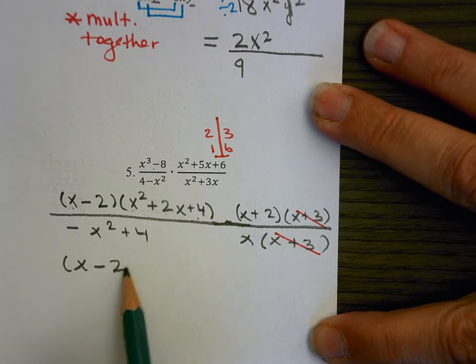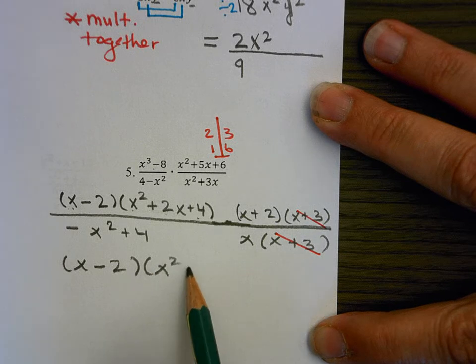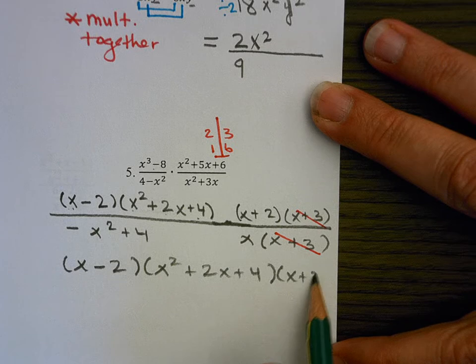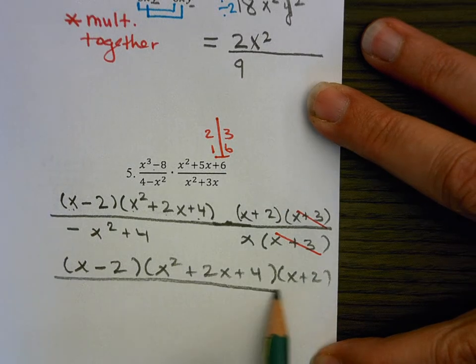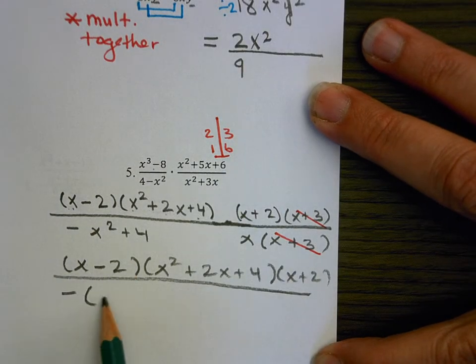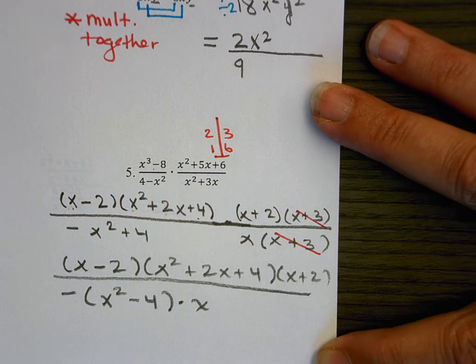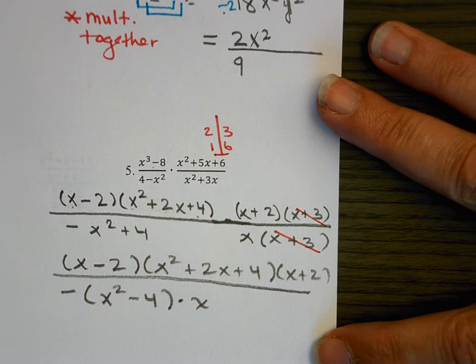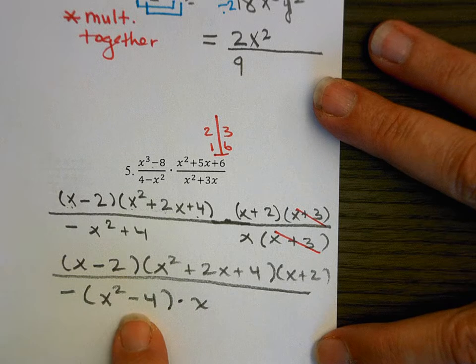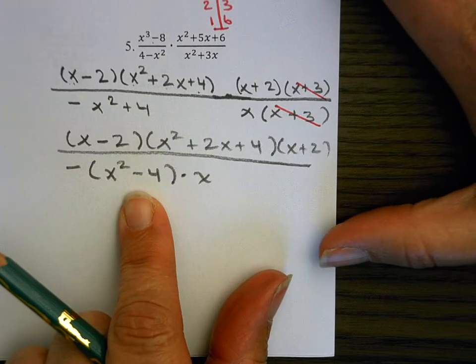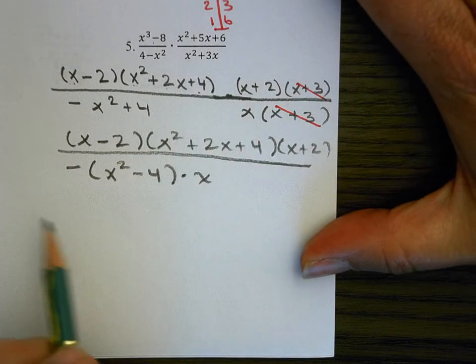So I have x minus 2 times x squared plus 2x plus 4 and an x plus 2. I'm going to take a negative out of that, so that will give me x squared minus 4, and then I still have that x there, right? So if I look, I don't have anything I can reduce any further, but this will factor one more time, right? And that will factor to a difference of squares.